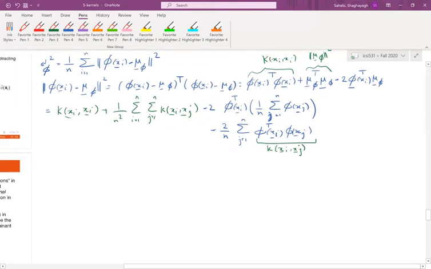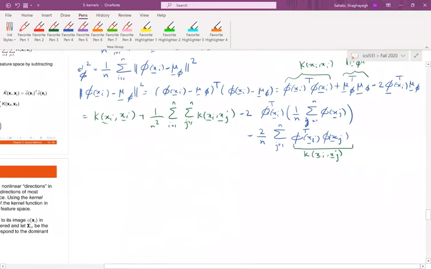All right, so now I can say that this whole thing is equal to k between xi and xi, like what we have there, plus 1 over n squared, sigma sigma i equals 1 to n, j equals 1 to n, k of xi and xj, minus 2 over n, sum j equals 1 to n, k of xi and xj.